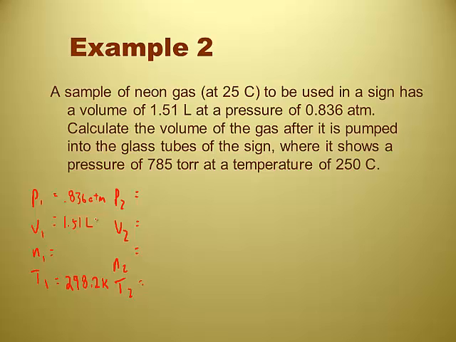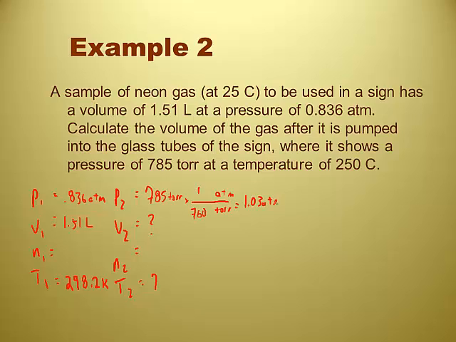Then it says calculate the volume, so volume 2 is going to be my unknown, of the gas after it is pumped into the glass tubes of the sign, where it shows a pressure of 785 torr. Now that's got to be in atmospheres.